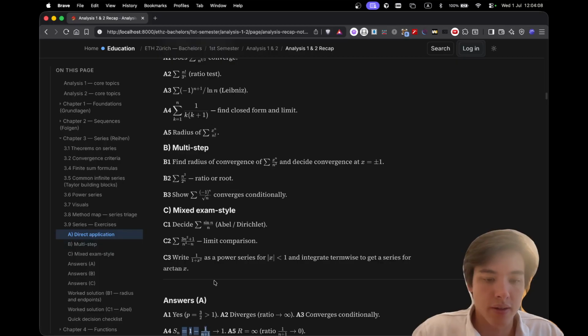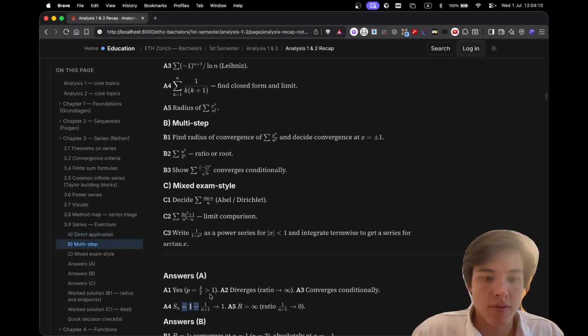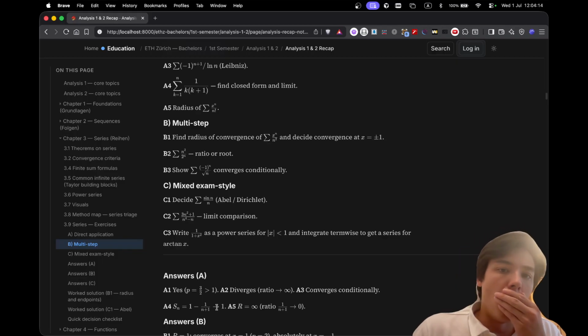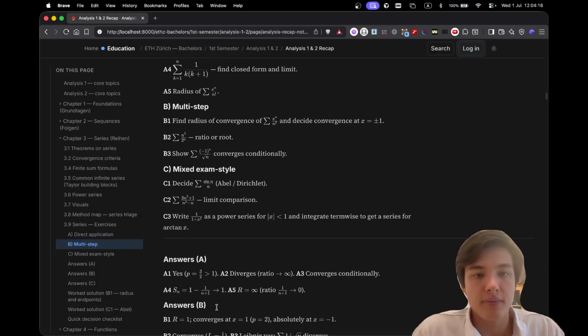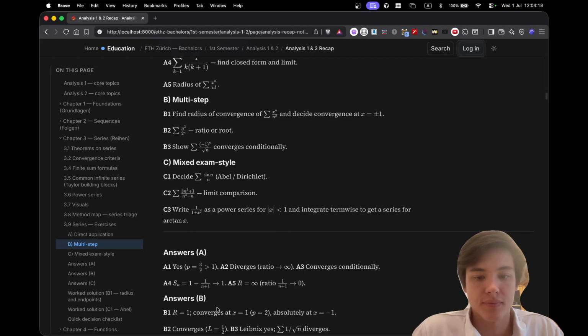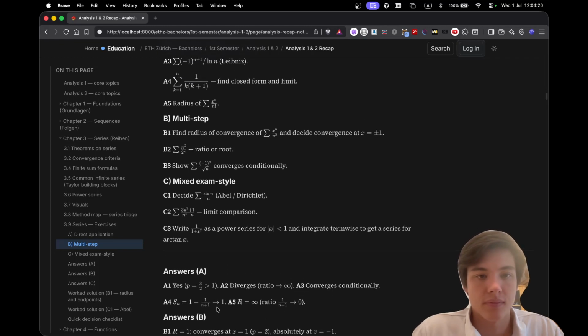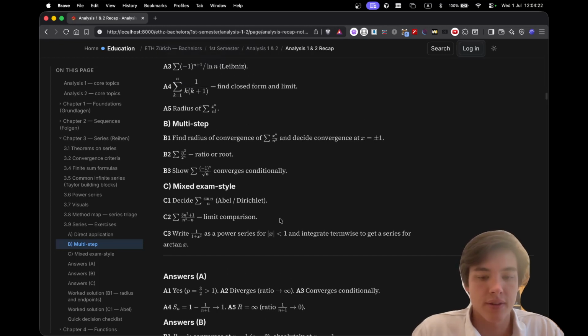Oh, okay, so I guess we write it like that. Radius of this, the ratio goes towards 0, so we know the radius is infinite.